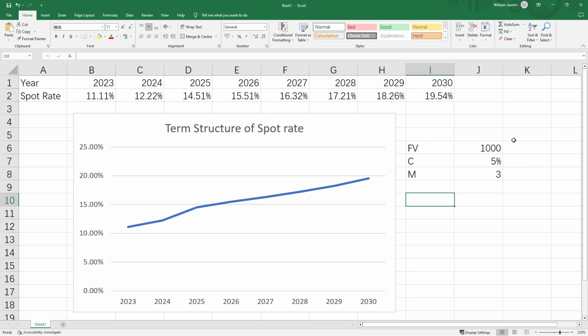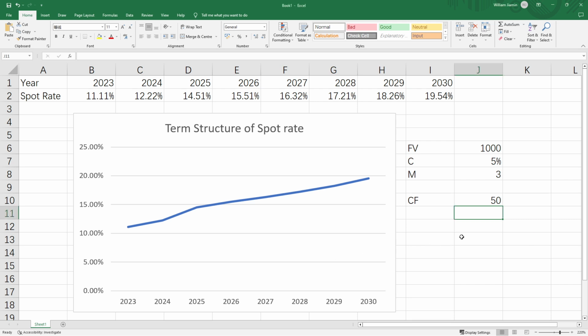So the annual cash flow will be that face value multiplied by 5%, which is 50, right? That is the cash flow that we will receive at the end of each year, during the 3 years.